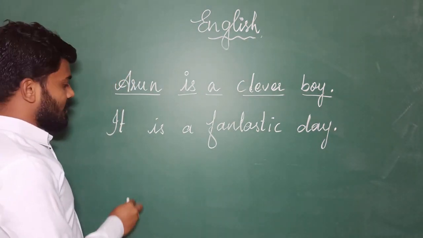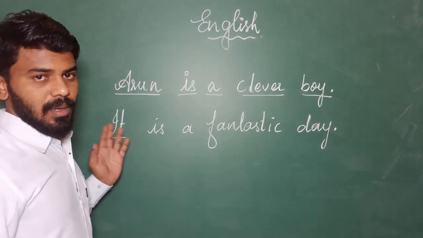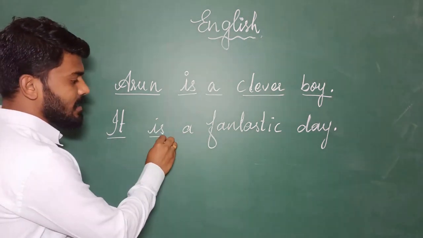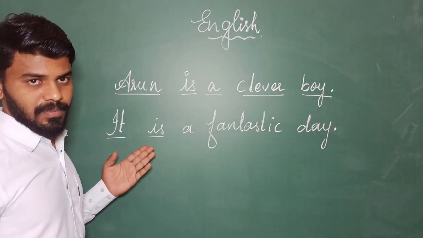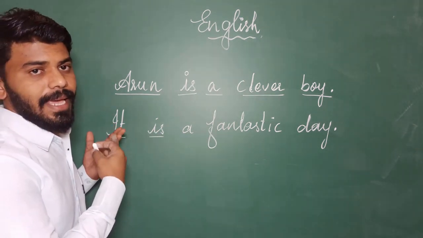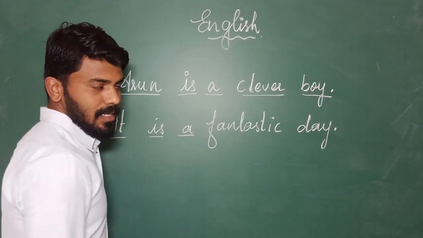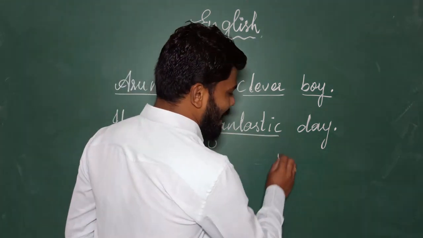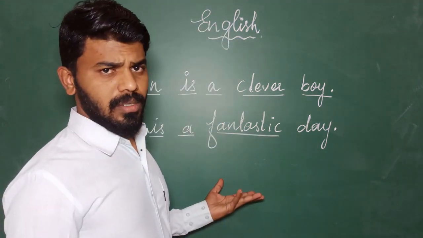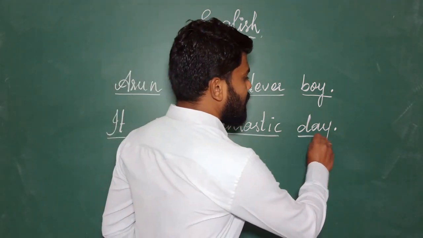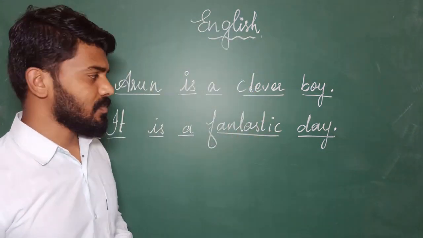In the next sentence, it is a pronoun. Is is again a verb. It's a be verb, a helping verb. Here it serves as a main verb. A is an article. Fantastic, again we don't know what word this is. And day is again a noun.